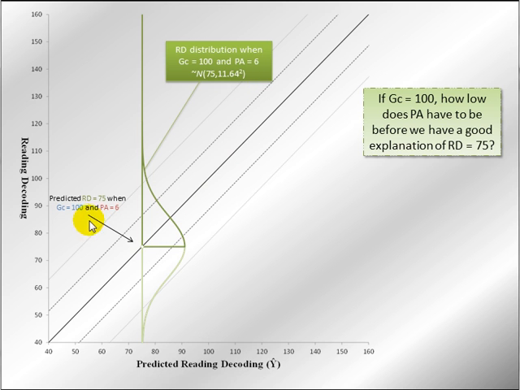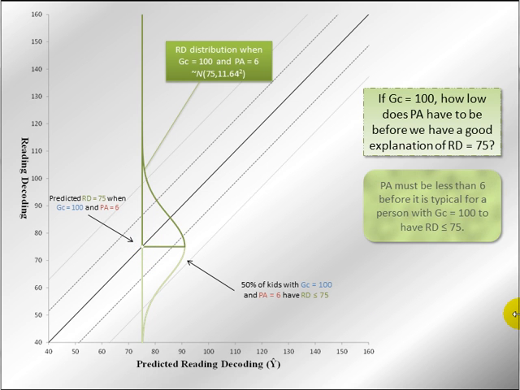In order for this to happen, if GC equals 100, then phonological awareness has to equal 6. In this distribution, half of the scores are lower than 75 and half are above 75. That is, PA must be less than 6 before it is typical for a person with GC equals 100 to have a reading decoding score of 75 or less.